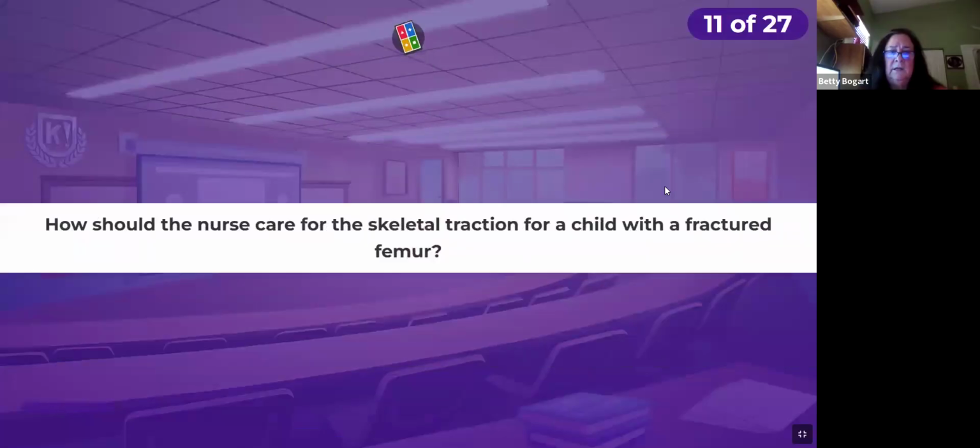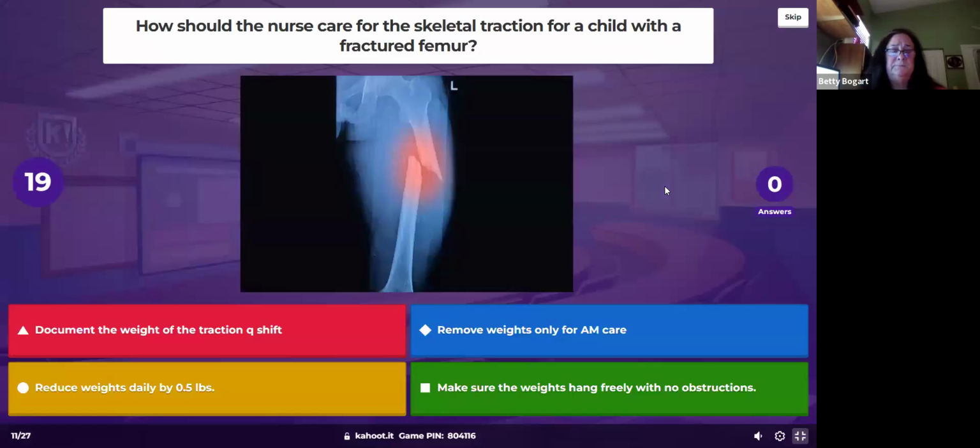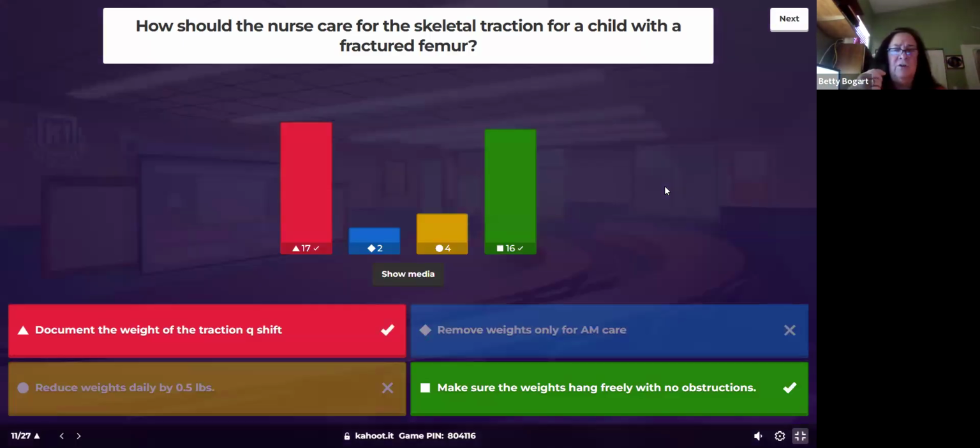How should the nurse care for the skeletal traction for a child with a fractured femur? So remember, it's a string that comes up over, goes to a pulley, and there's a weight that hangs. And it holds those bones so that it decreases muscle spasms until they can get to surgery and have it completely repaired.